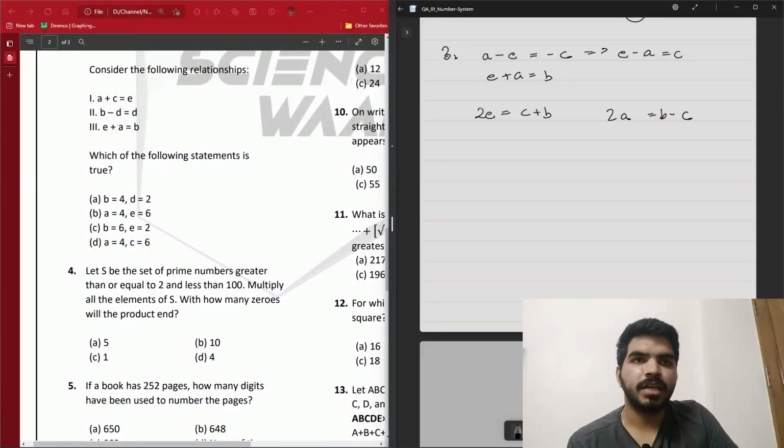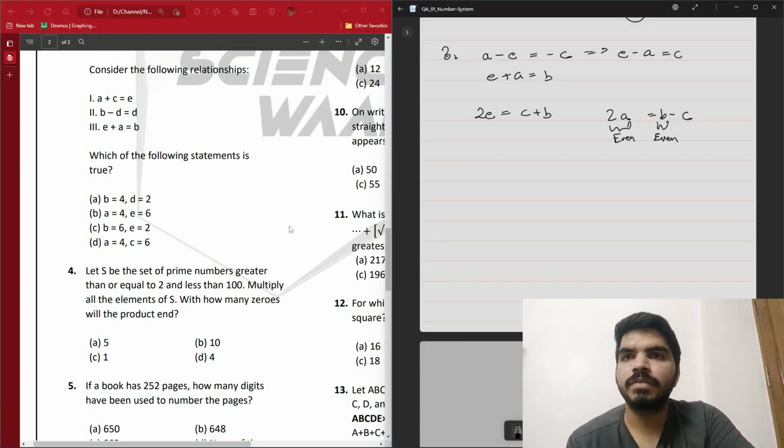That means this part will be even, and this part will also be even, because it's multiplied by 2, and this part will also, as it is multiplied by 2.